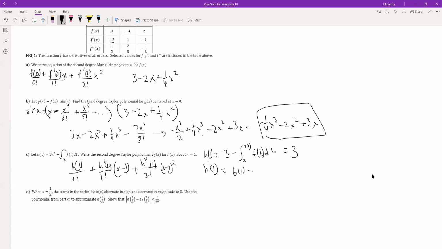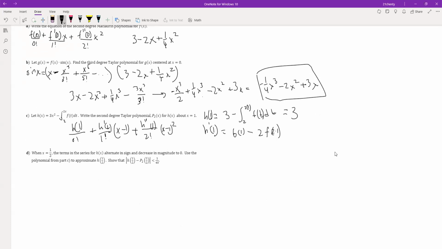We'll substitute 2x into f of x, and then times the derivative of 2x, which is 2. So it's going to equal 2 times f of 2x, which is just 2 times f of 2 times 1, so 2 times f of 2. And if we look above, f of 2 is 2. So 6 minus 2 times 2 is 2, because 6 minus 4.